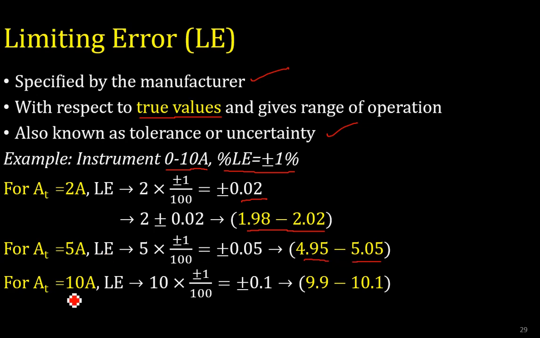Similarly, if you are measuring 10 amperes, you are trying to measure the full scale value of 10 amperes, so the limiting error will be 1% of 10, that is 0.1. Now 10 is the true value, and the measured value is expected to be between 9.9 and 10.1. 10.1 is not possible actually, but theoretically we can say it is between these values. So the maximum value is 10, this is not possible, but theoretically you can say that it is between these two values.